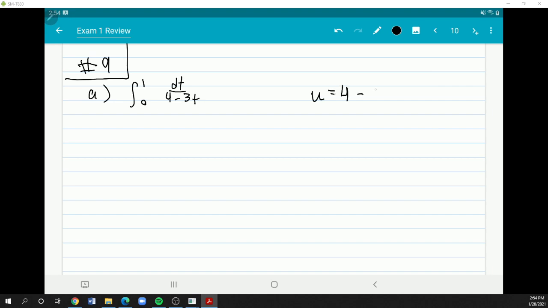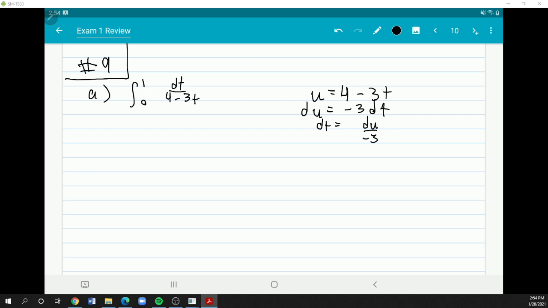So let's let u be equal to 4 minus 3t. So then du is the derivative of 4 minus 3t, which is minus 3 dt. So dt is du divided by minus 3.